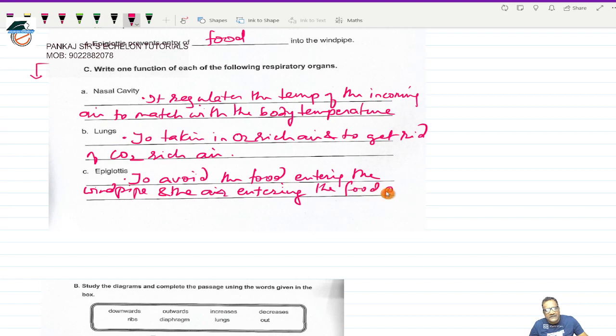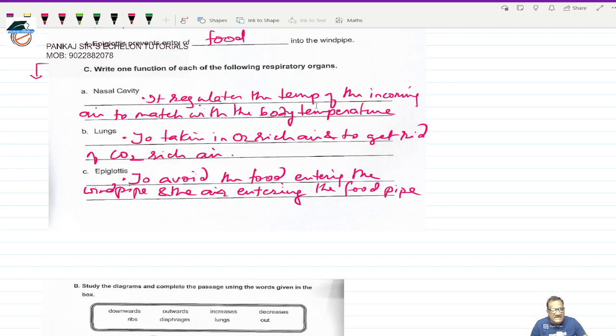The epiglottis will not allow the food to enter the windpipe, nor will it allow the air to enter the food pipe. So it properly guides the food into the food pipe and air into the windpipe. That is the function of the epiglottis. So the main functions I have mentioned here.